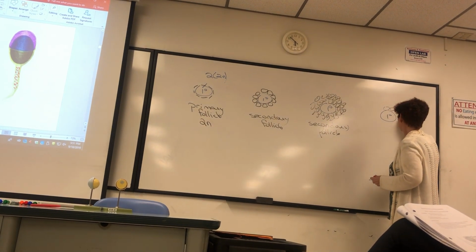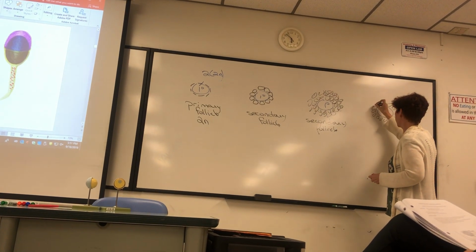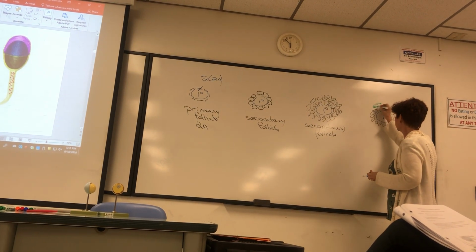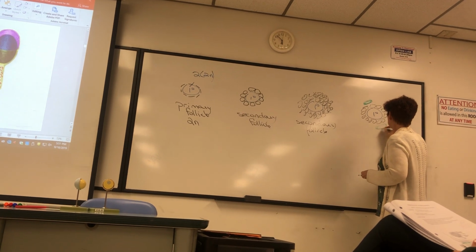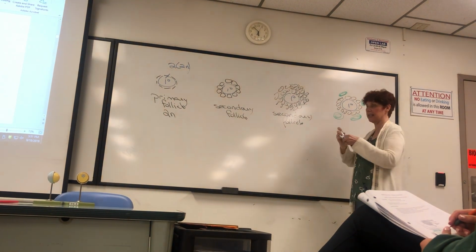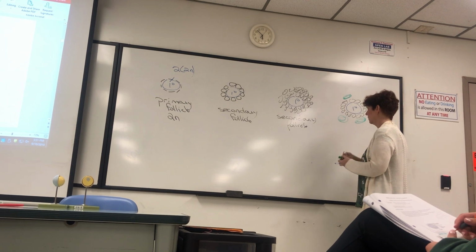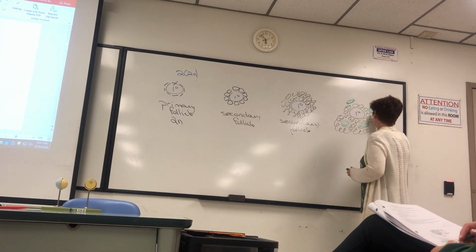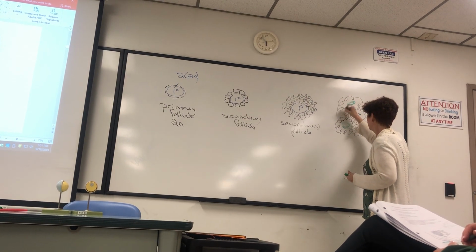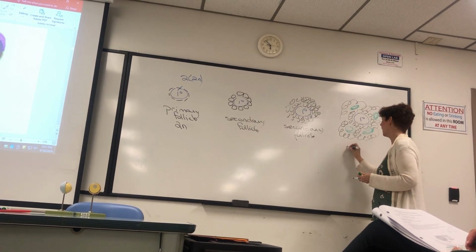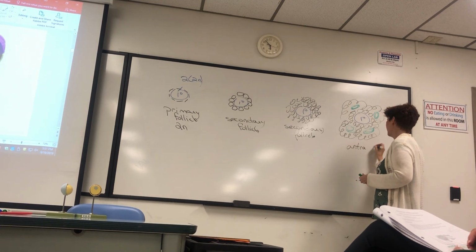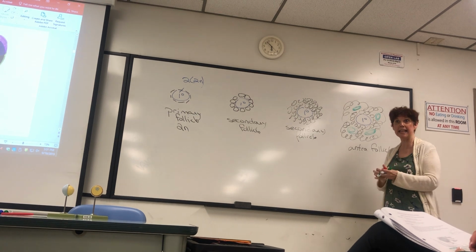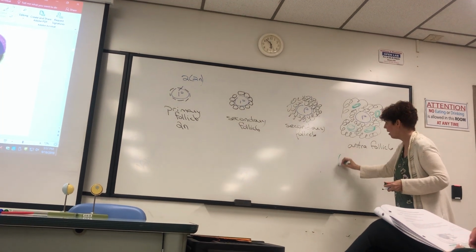Then we move into the antral stage, in which we have a few pools of fluid in between the follicular cells. And that's an antral follicle, okay? It's still an antral follicle, even if those pools coalesce and form a small space.